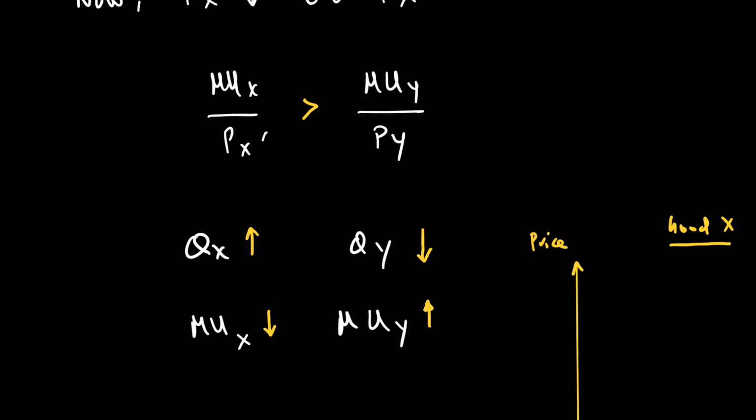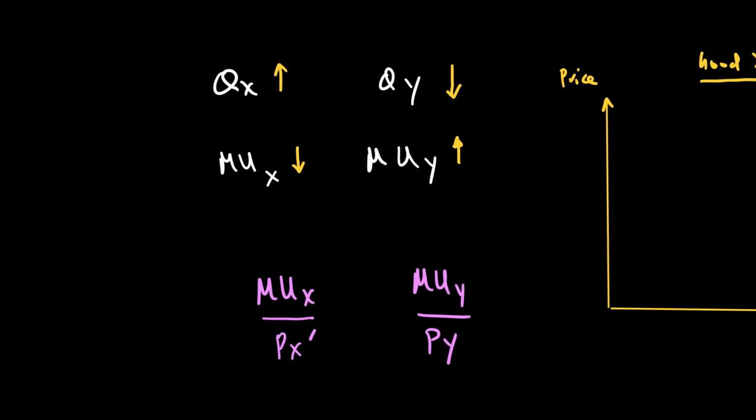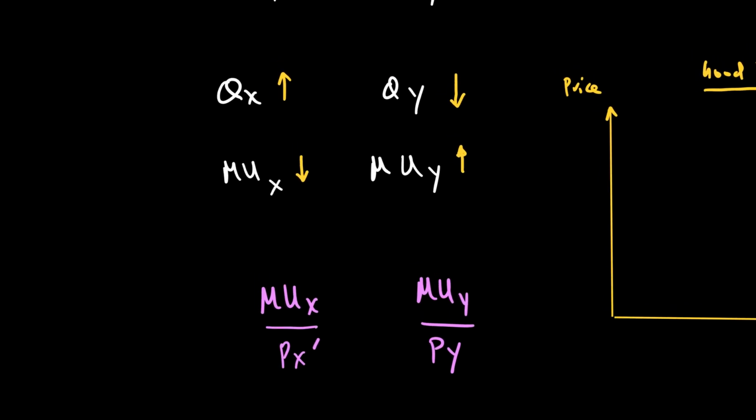That would mean the left hand side will start to fall and the right hand side will start to rise as I keep on buying more of X and less of Y. So this substitution should keep continuing till my MUX over price of X dash, which is the new price, equals MUY over price of Y.